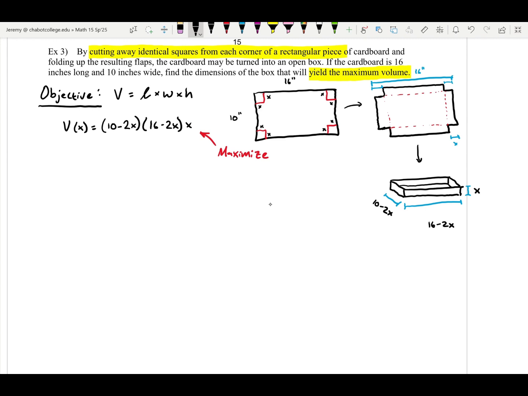I can start by FOILing these two factors together, and I'll get 160 minus, so first and outer will be negative 20x, minus, multiplying the inner together, minus 32x, and then plus 4x squared. All right, and then we still have that factor of x.